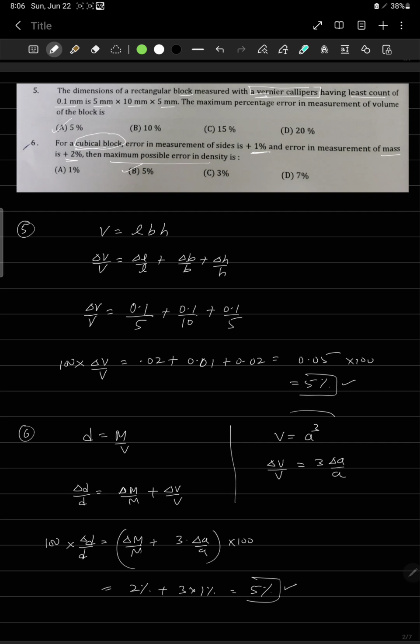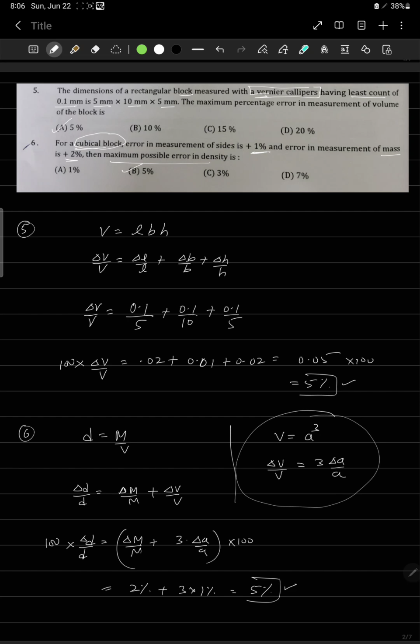These kinds of variations can all be there, like the volume of a sphere, a cylinder, or a cone. Just try to write the relative error in the volume of a sphere, a cylinder and a cone. Cuboid and cube we have done.